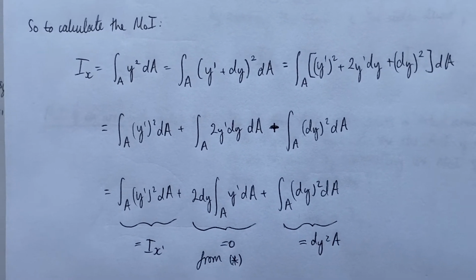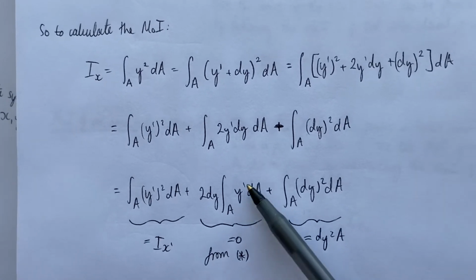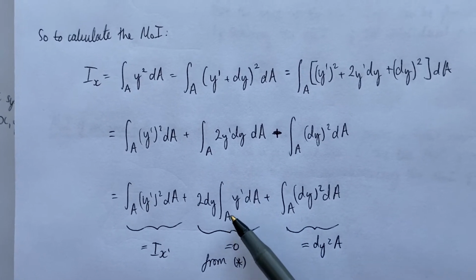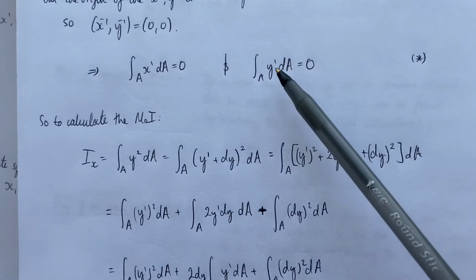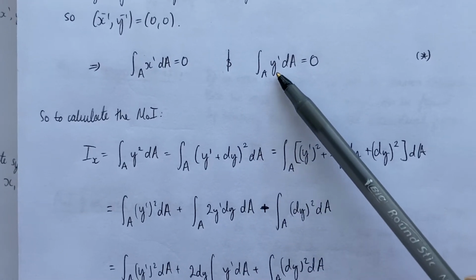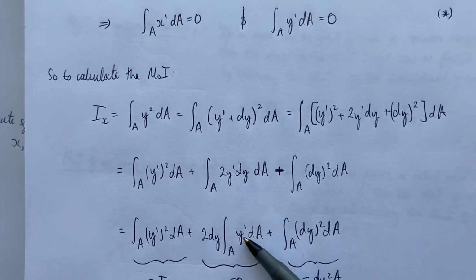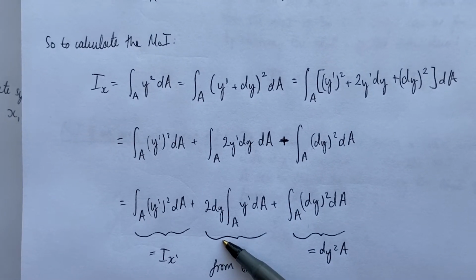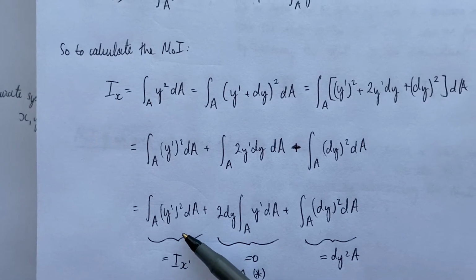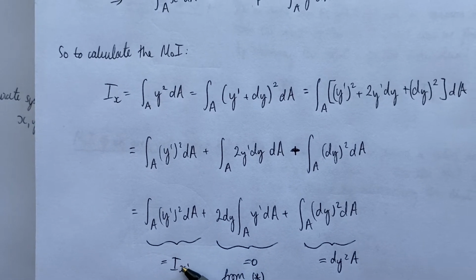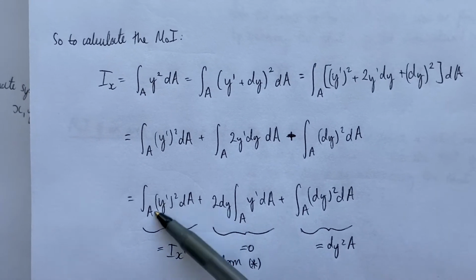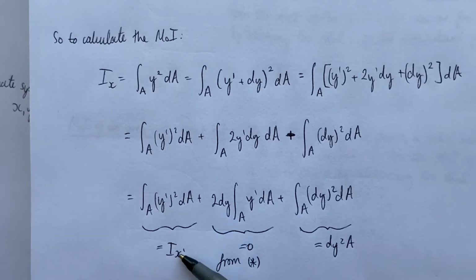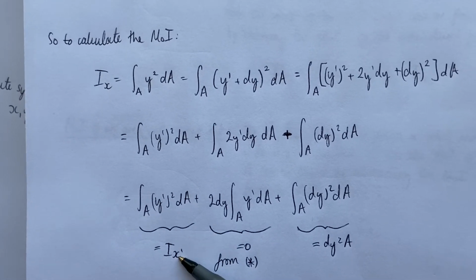Now, look what we have. This middle term here is 0 because we said up here that the integral over a of y dash is 0, which is what I've got here. So that whole term goes to 0. This over here is just the moment of inertia about the original x dash coordinate system, right?